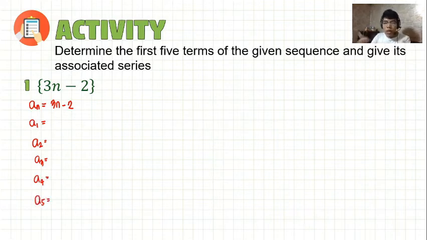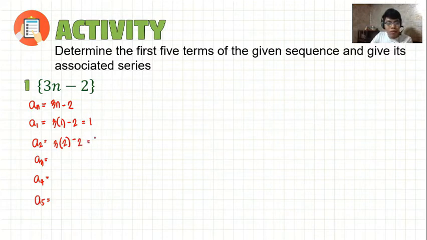Okay? So, ano nga yung gagawin natin? Di ba nag-substitute lang tayo ng 1 for a sub 1 sa n? So, therefore, sa definition ng sequence na to na 3n minus 2, magsasubstitute lang rin tayo ng 1 sa n. So, we have 3 times 1 minus 2. That is equal to 1. Okay? 3 times 2, kasi 2 na yon, a sub 2, minus 2.